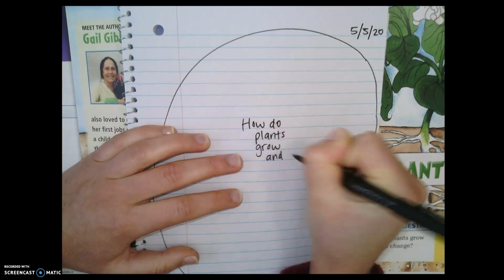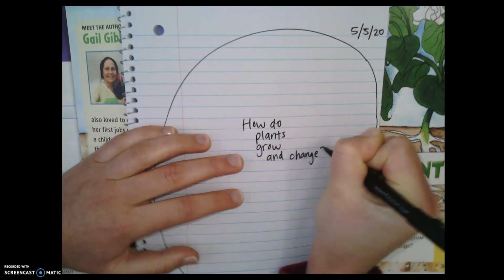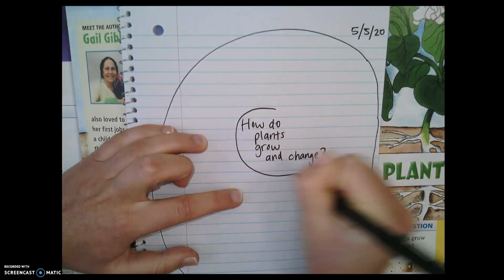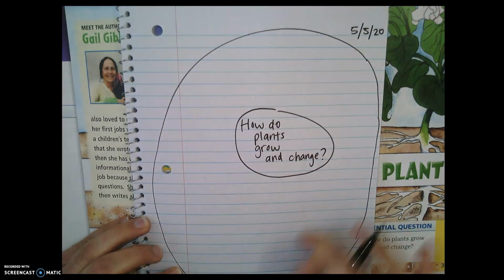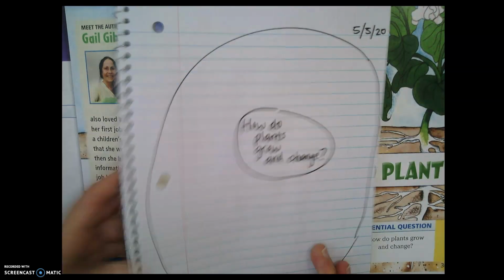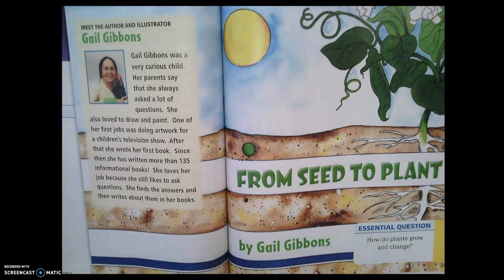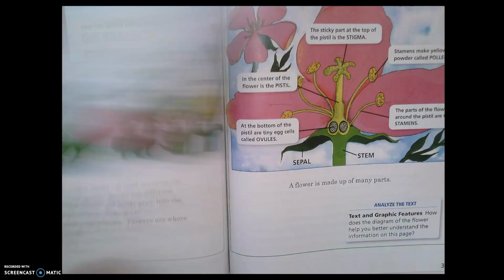And then I'm going to circle it, and hopefully this map looks familiar to you. This is called a circle map, and what we're going to do is collect information from our text and write it all in the circle. We're just going to be collecting the information that we read. So let's get started reading. Turn the page. When I pause, you know what to do.